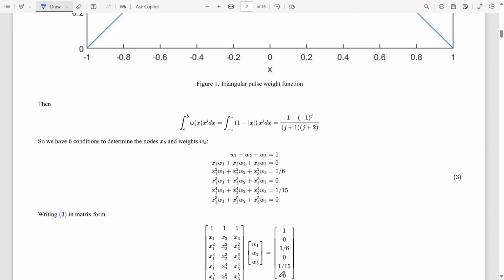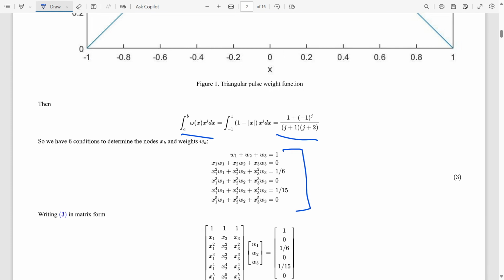We can work out the integrals here for j equals 0 to 5, and so obtain 6 equations for the 3 nodes xk and the 3 weights wk. 6 nonlinear equations and 6 unknowns can be quite daunting, but in the Gaussian quadrature case, there's a straightforward procedure.